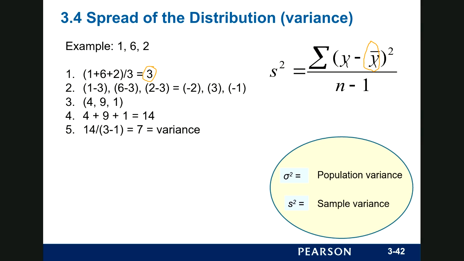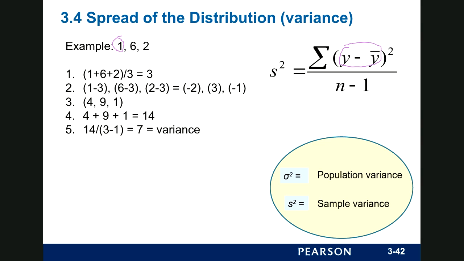Second step is to look at what's in the parentheses. So I need to get x minus x bar. I'm taking the first observation, which is 1, minus the mean of 3. Then the second observation, which is 6, minus the mean.